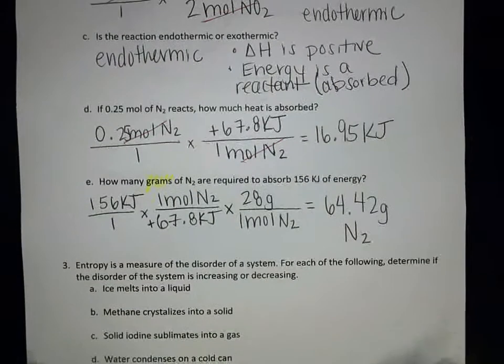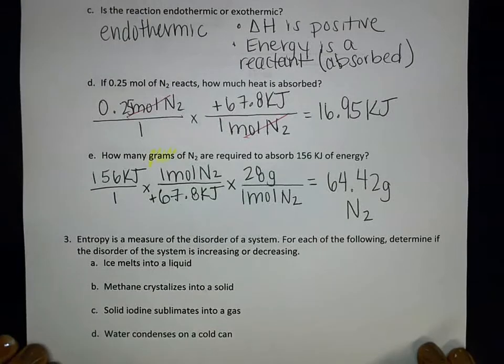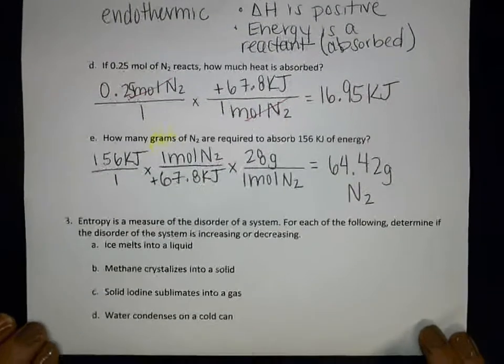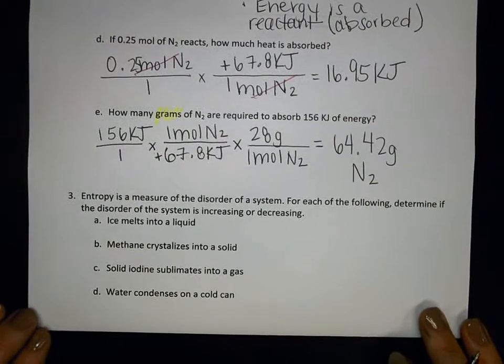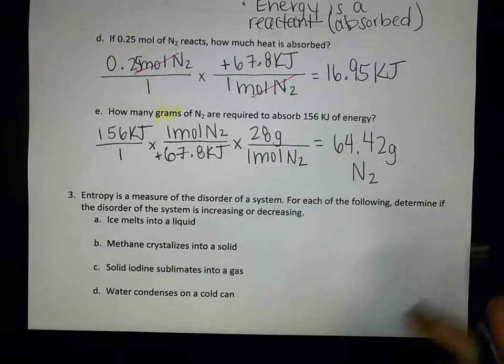Next question asks about entropy. Entropy is kind of a weird word that describes the state of a system. It can describe the amount of disorder, the chaos of the system. So for each of the following, determine if disorder of the system is increasing or decreasing.